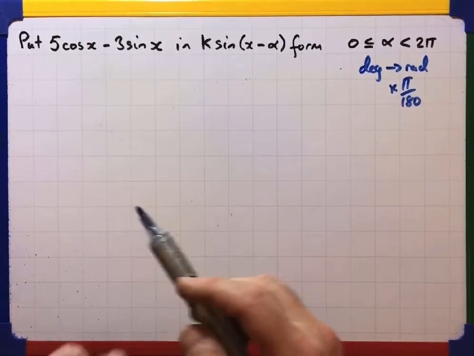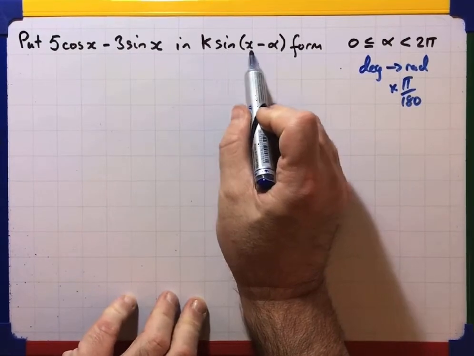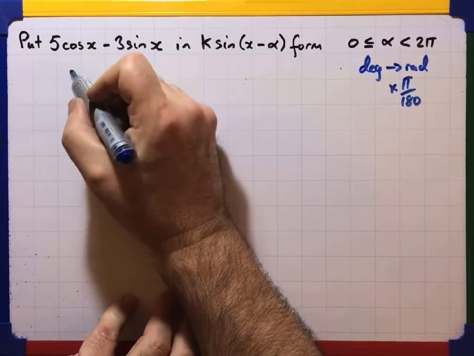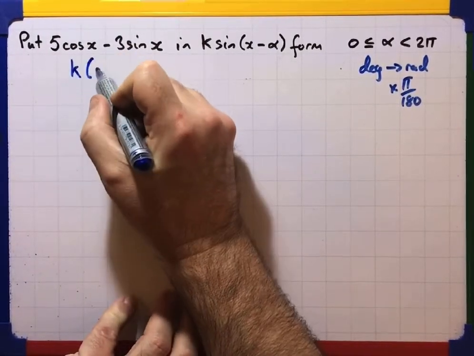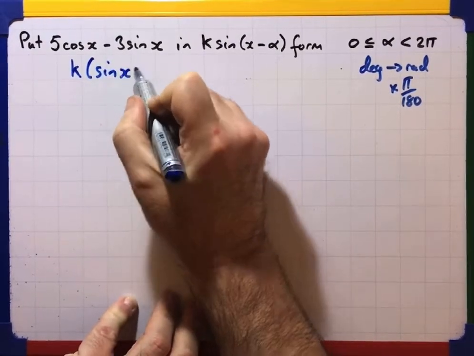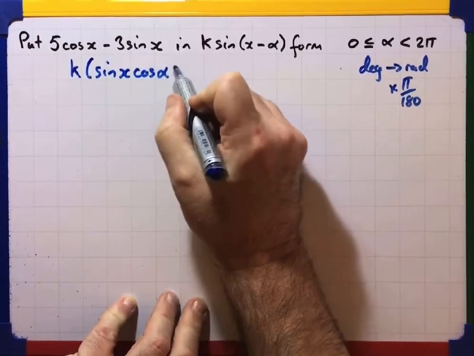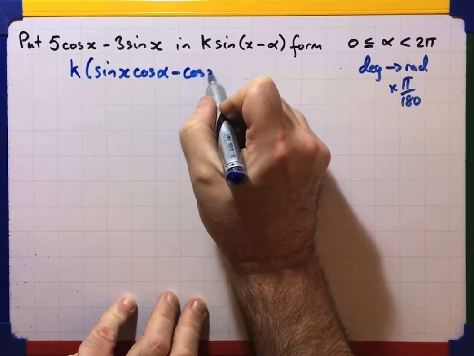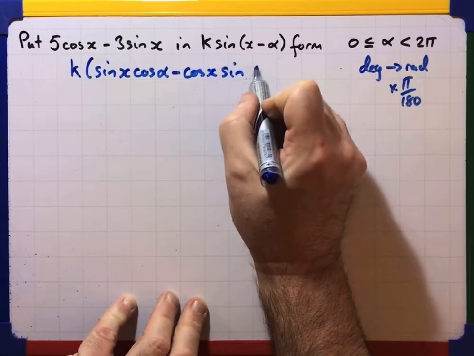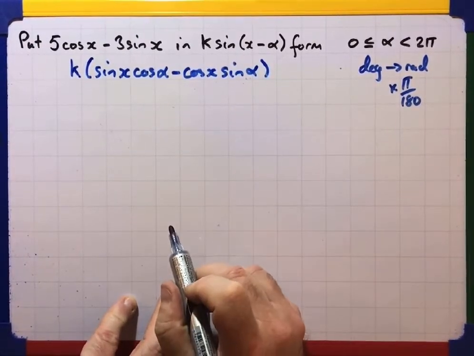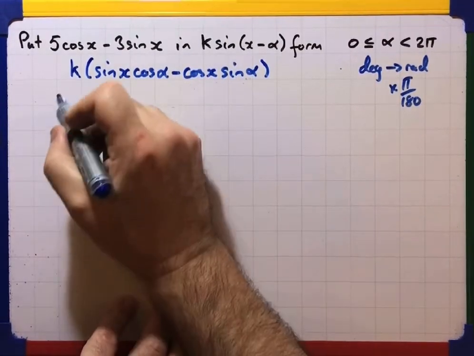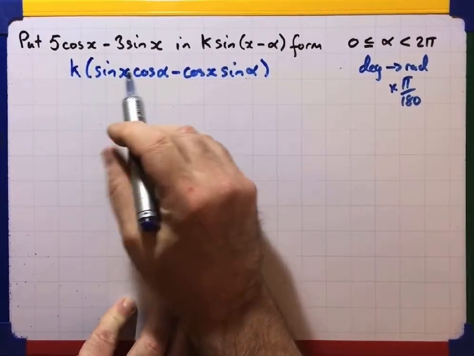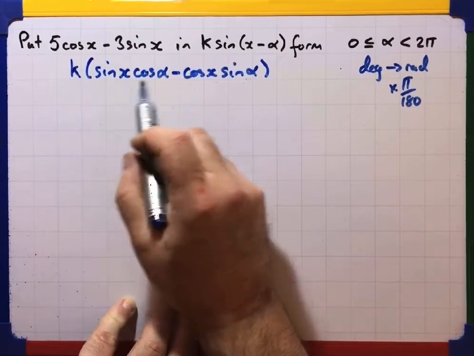So same as before, we've got to expand sine x minus alpha. Remember, so that's going to be sine x cos alpha minus cos x sine alpha, times k. That's simply using your addition formula. Put the constant bits to the first. Remember, that's the k and the alpha.